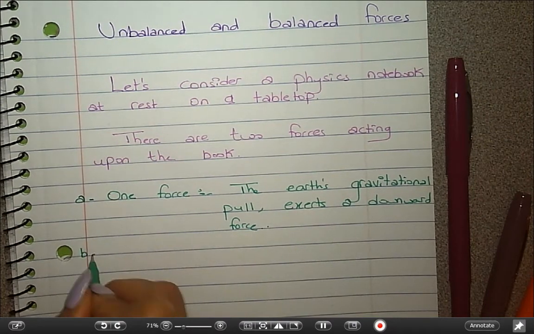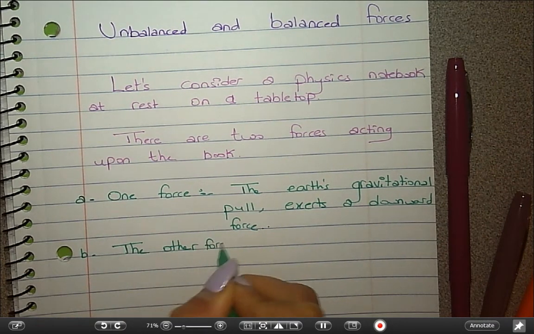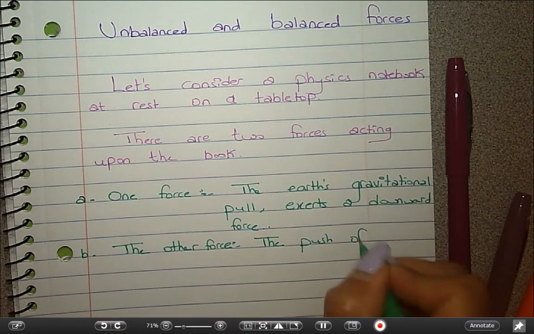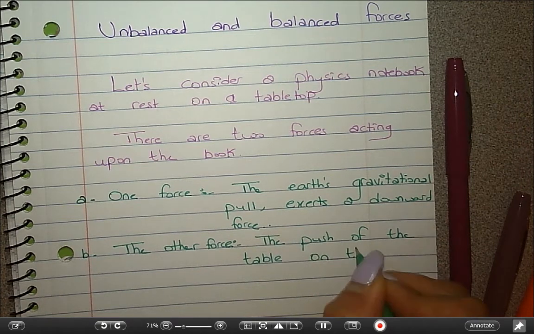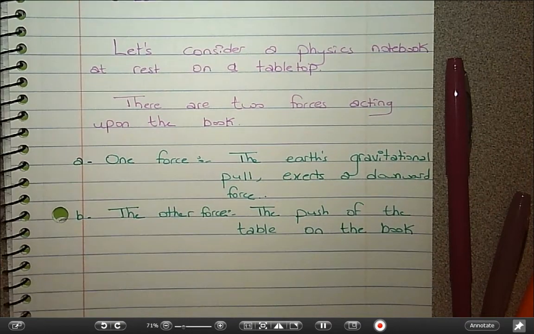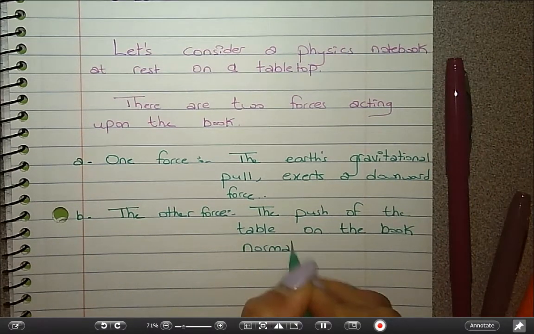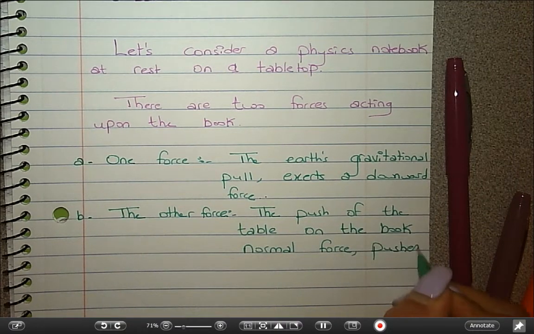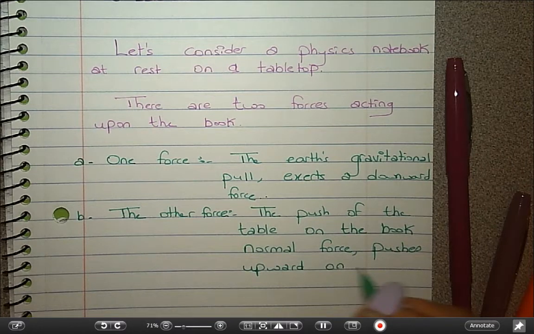All right, the other force is going to be the push of the table on the book, and that push of the table on the book is called the normal force, which is pushing upward on the book.